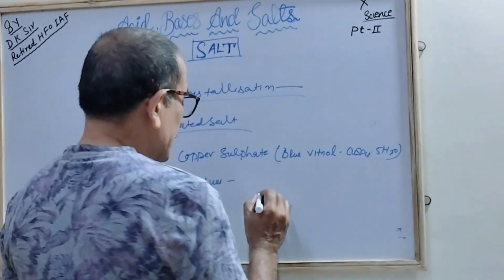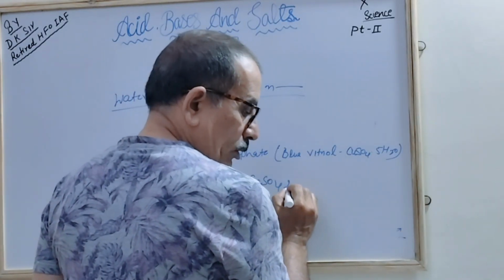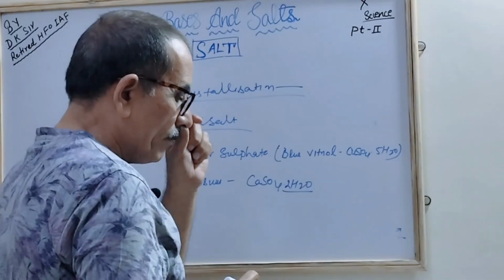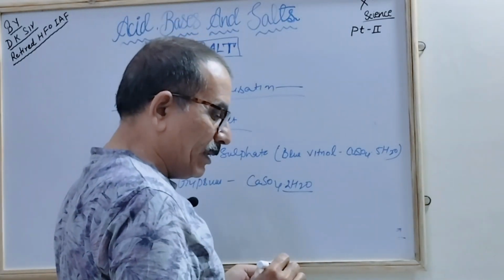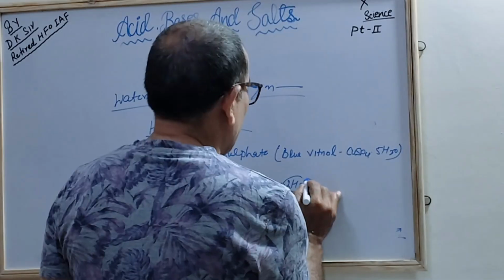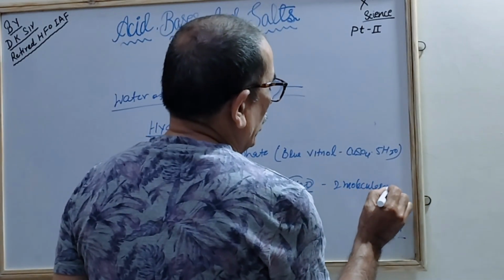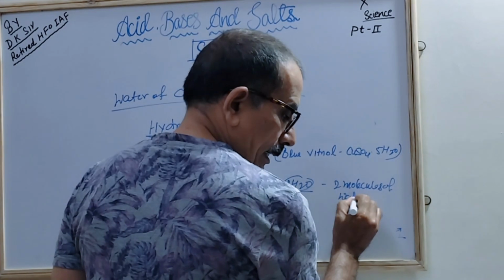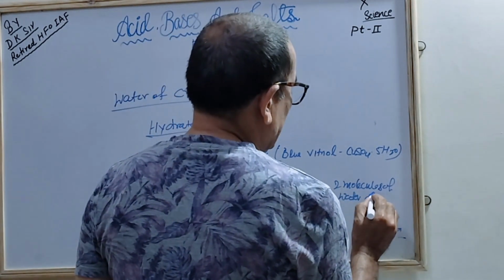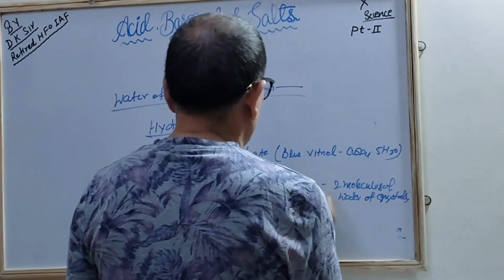Gypsum is CaSO4.2H2O. It has 2 water molecules, so 2 molecules of water of crystallization are being used.